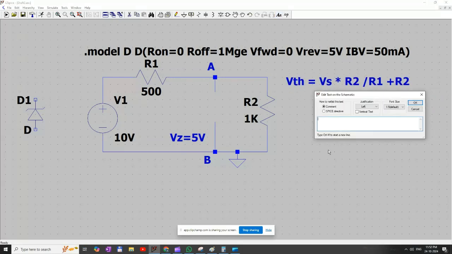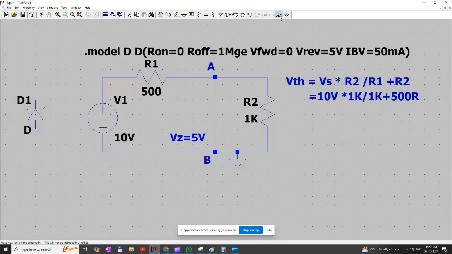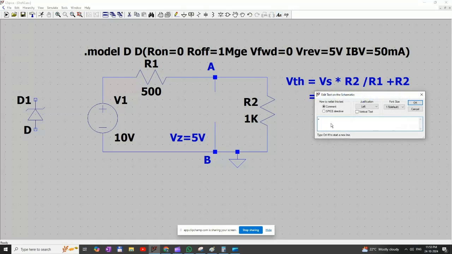Here Vs is equal to 10 volt into 1 kilo ohm divided by 1 kilo ohm plus 500 ohm. When we simplify this, we are getting 6.667 volt.